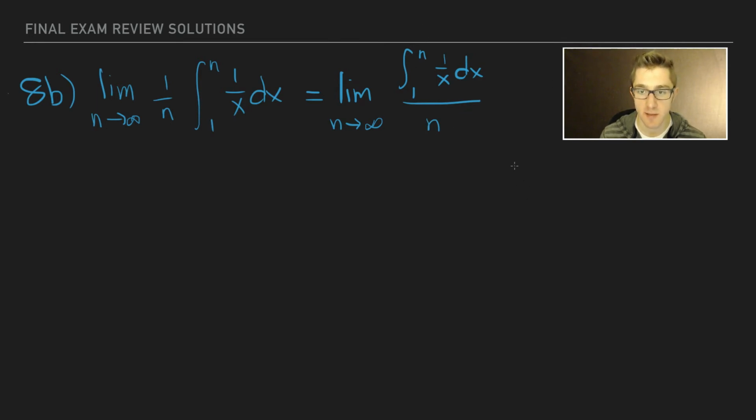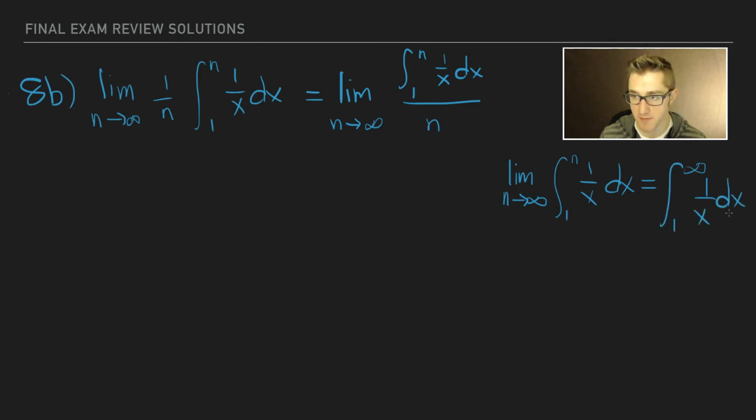To see that the limit as n goes to infinity of the integral from 1 to n of 1 over x dx, well, okay, you could just evaluate this yourself, but you could also notice that this is just the definition of the integral from 1 to infinity of 1 over x dx. And this integral diverges. So this also limits to infinity.